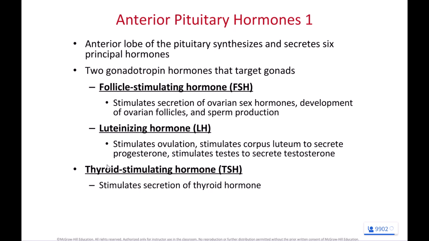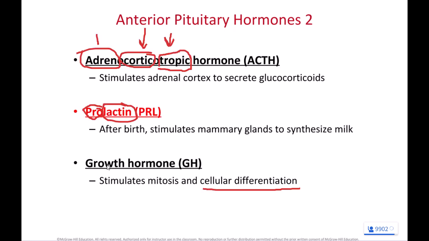There's also thyroid stimulating hormone, which travels to the thyroid gland and causes that thyroid gland to release T3 and T4, which is collectively referred to as thyroid hormone, a cocktail of triiodothyronine and thyroxine. The anterior pituitary gland also releases ACTH, adrenocorticotropic hormone.